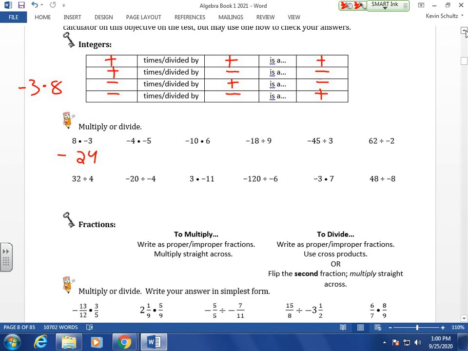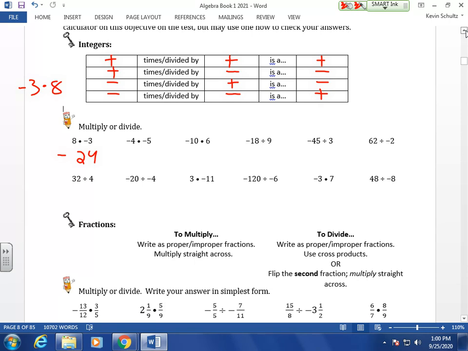So general rule of thumb here, okay, if your signs are the same, either both positive or both negative, your answer is going to be positive. If you have one of each, if they're different, then it's going to be negative. So something like negative 120 divided by negative 6, you know that your quotient is going to be positive.